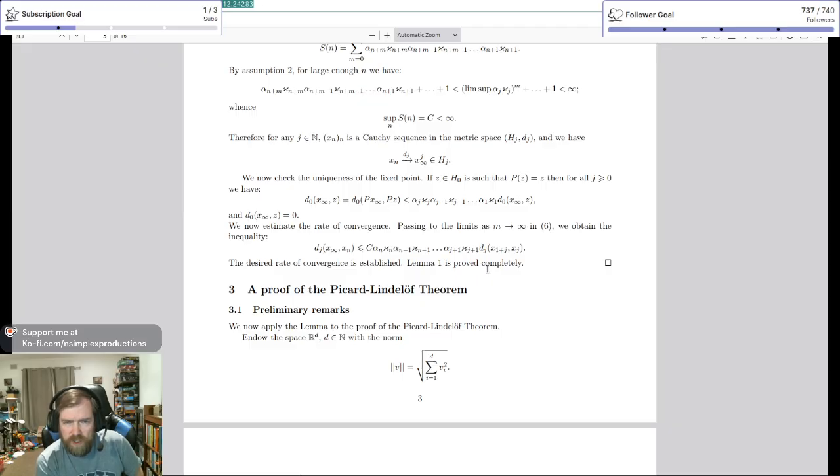Therefore, for any j in natural numbers, x sub n is a Cauchy sequence in the metric space h sub j, d sub j.